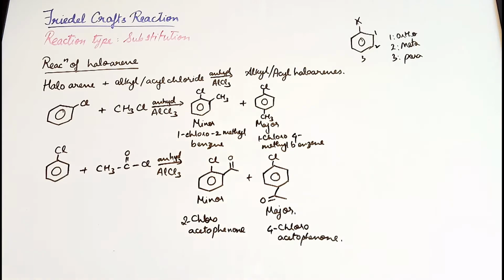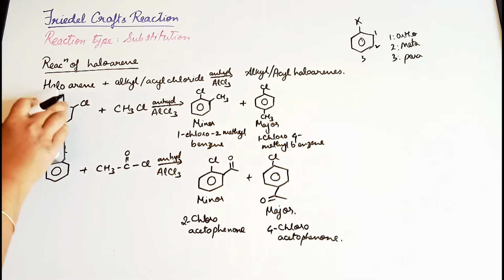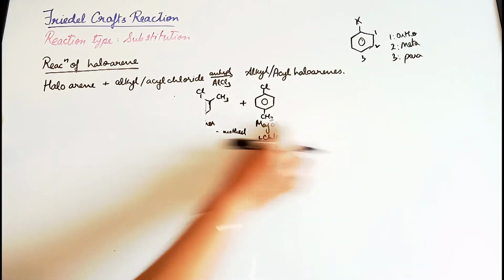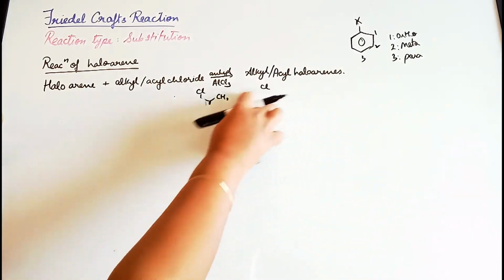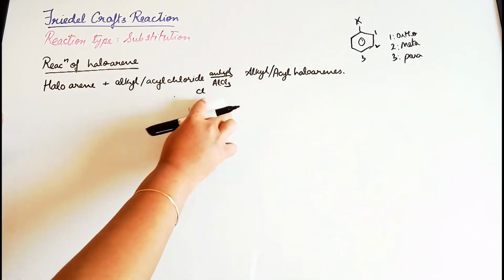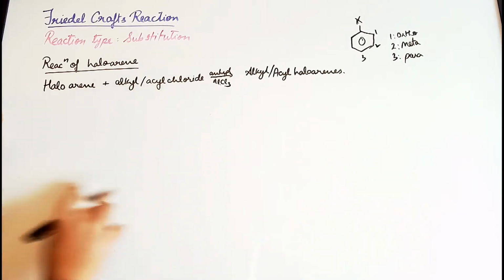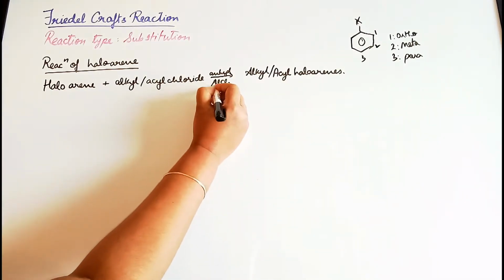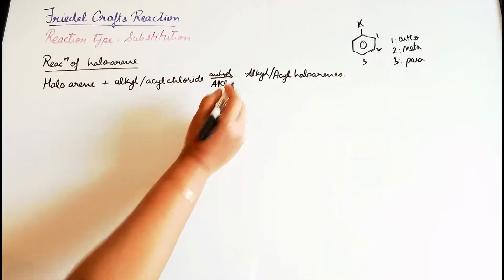The next one we'll be learning about with respect to Friedel-Crafts reaction is reaction of anisole. Even in the reaction of anisole, it follows the same rules. Here also we'll be reacting it with an alkyl or an acyl chloride with anhydrous AlCl3 as the catalyst.